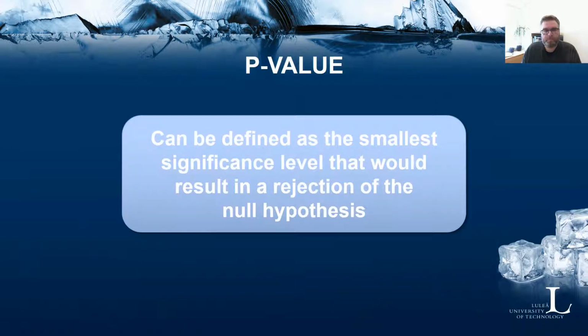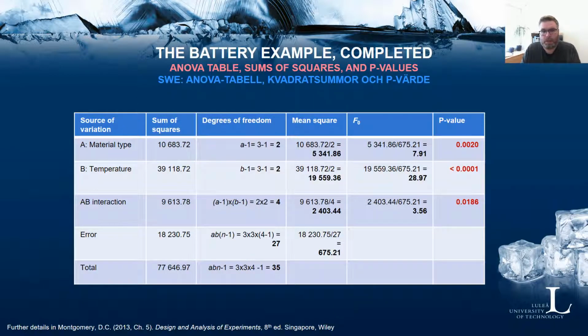Okay. So let's calculate the p-values for these F0 values. As you see, we have 0.002 for the material type, 0.0001 or less than that for the temperature, and 0.0186 for the AB interaction. So now we can compare these p-values with a significance level that we're working on.